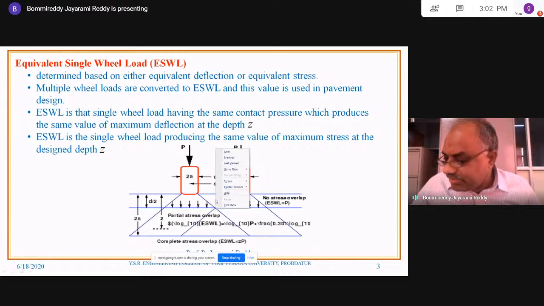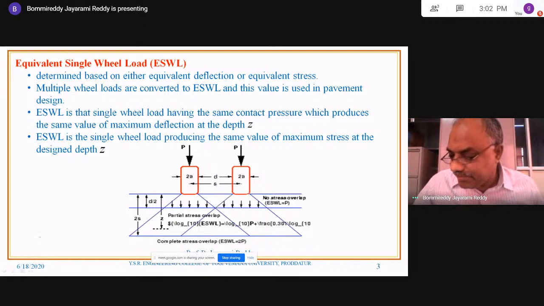Up to the depth of d/2, both the loads are acting independently.